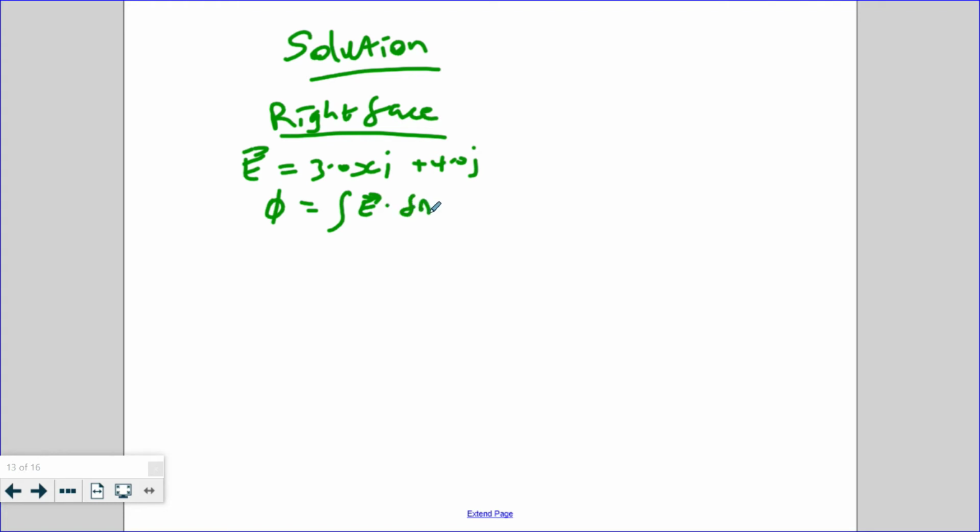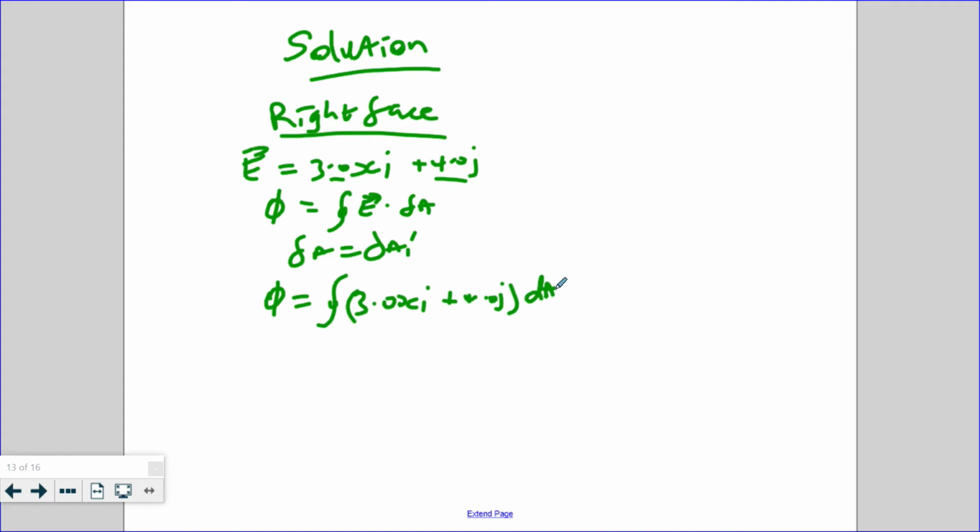The change in the area has a direction. So we insert it here: 3.0x i plus 4.0 j times the change in the area, times i.